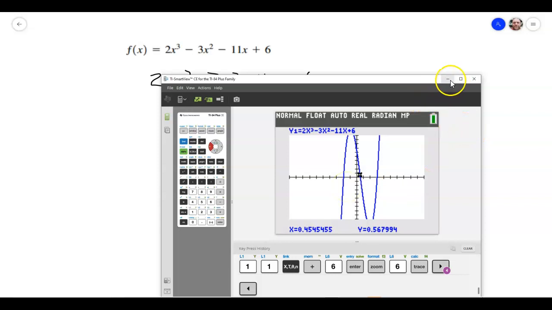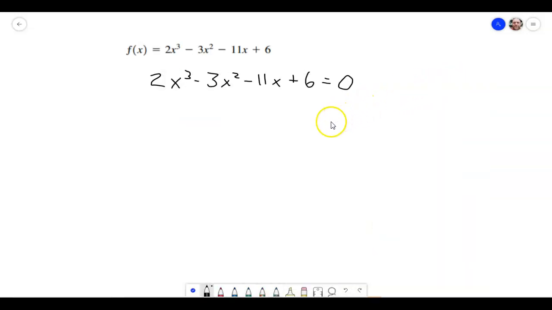But what we're going to do is use the rational zero theorem in order to solve this. The way we do that is we take all the factors of the last coefficient, that's the constant. We're going to call that P. And we're also going to take all of the factors of the first coefficient, which is in front of our highest exponent term.